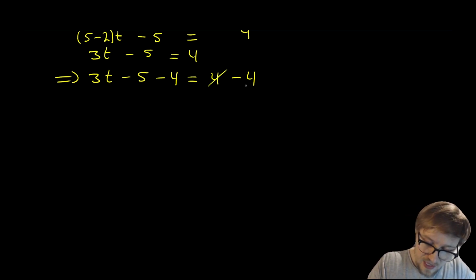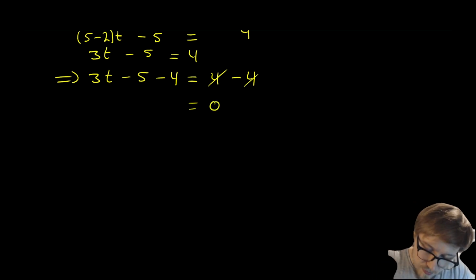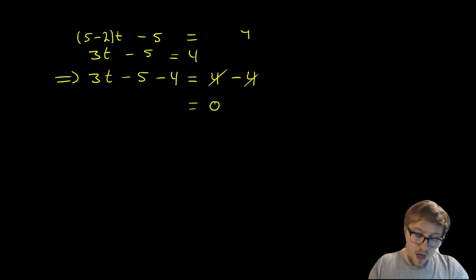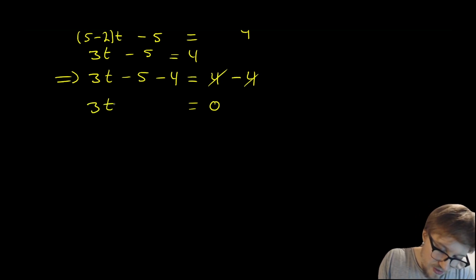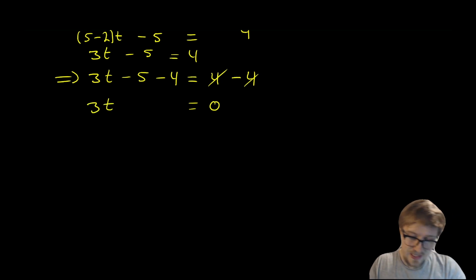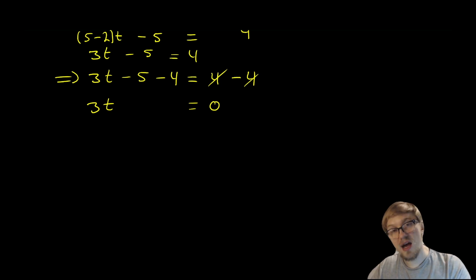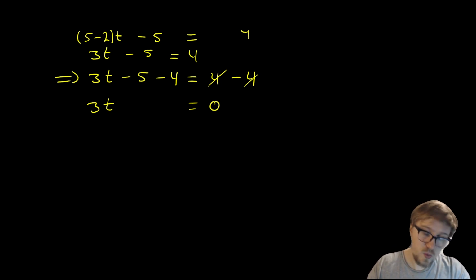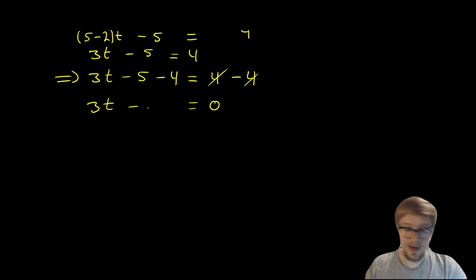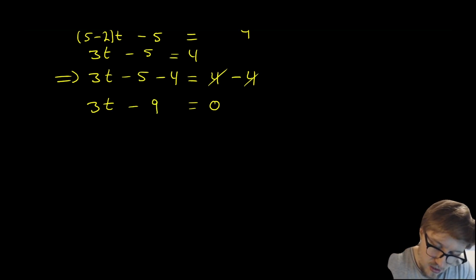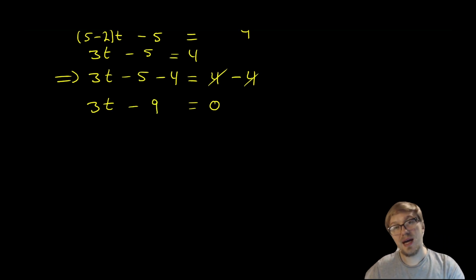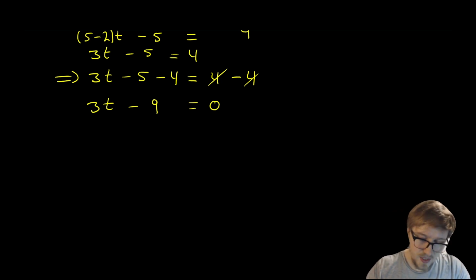On the right-hand side, we have a plus 4 and a minus 4, and they cancel to give 0. On the left-hand side, we still have the 3t sitting, but then we have a minus 5 minus 4, which is going to combine to minus 9. So we have 3t minus 9 equals 0.